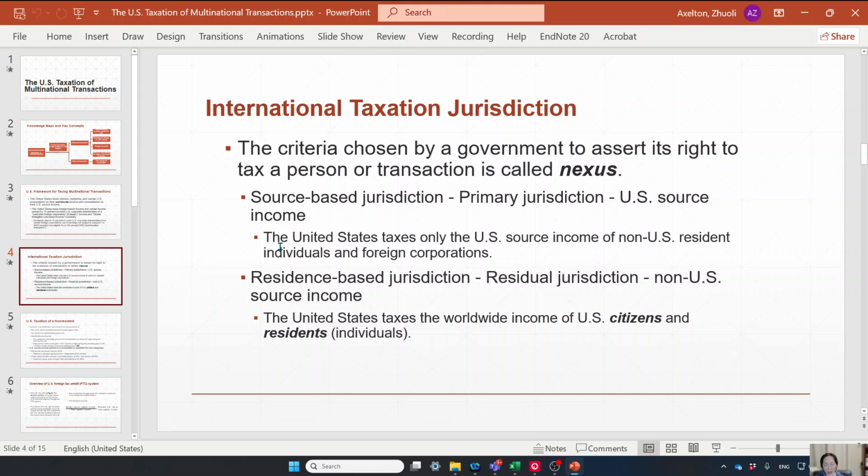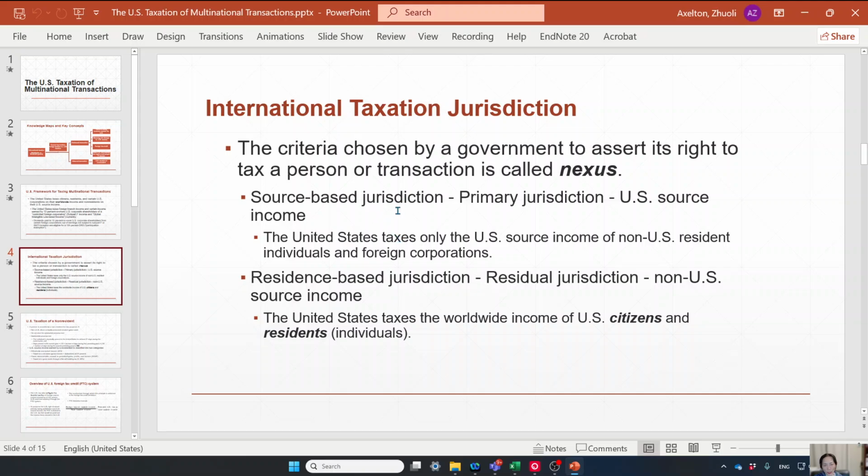In that case, the United States taxes only the U.S. source income of non-U.S. resident individuals and foreign corporations. And the residence-based jurisdiction is more of a residual jurisdiction, meaning any non-U.S. source income. Here the United States taxes the worldwide income of U.S. citizens and residents. So they catch both, right?